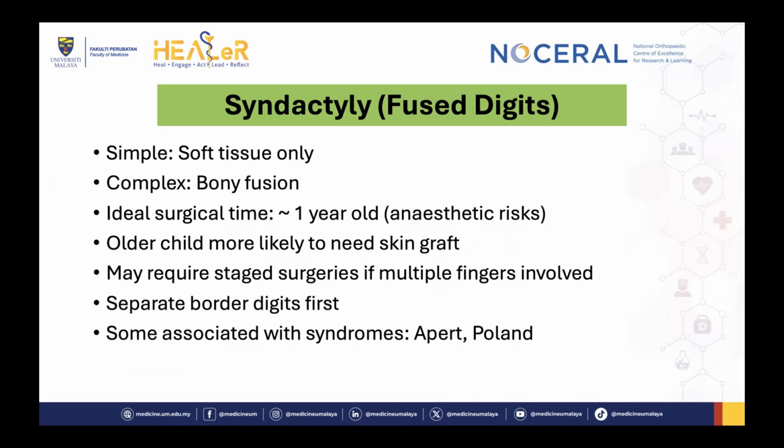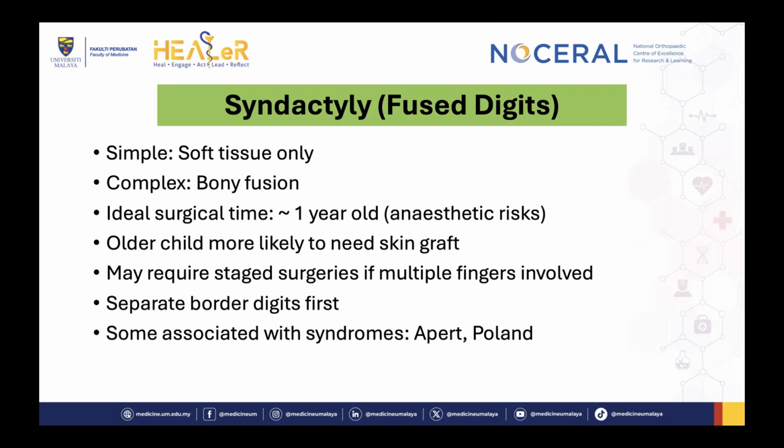But 1 year old is a good give and take because of the anesthetic risk if you do it in a very young child. Older children tend to need skin grafts, and if more than 1 digit is involved, you may require staged surgeries. Usually we separate the side fingers first because they are of different lengths, which will cause them to deviate if we don't deal with them in a timely manner.